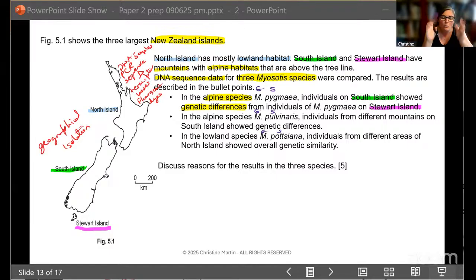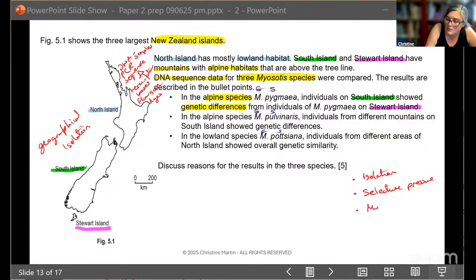So in my head already, I'm starting to think about my keywords. What do I know? Well, I've got isolation that has occurred. And then once they've been isolated, there has to be some form of selective pressure, which has resulted in those that survive and those that die out. But where did that come from? Oh yeah, mutations. Mutations will have occurred to give us variation.